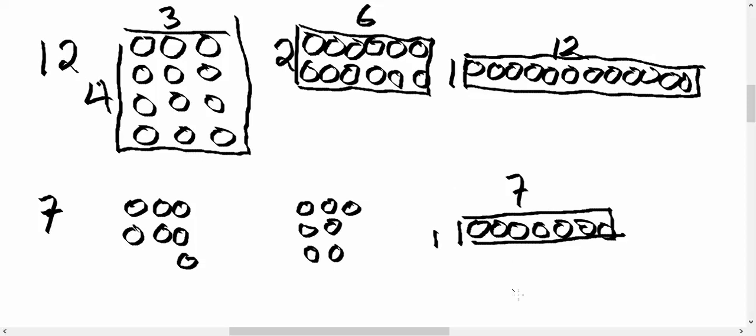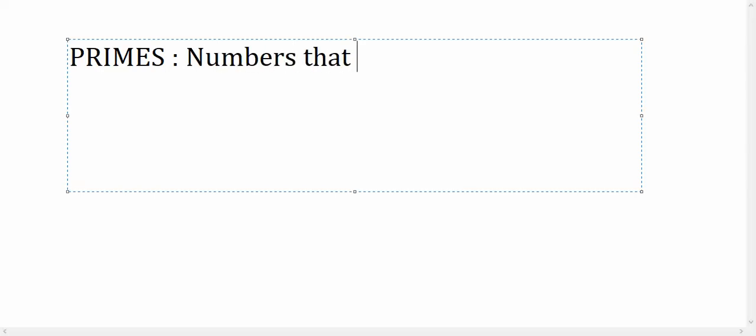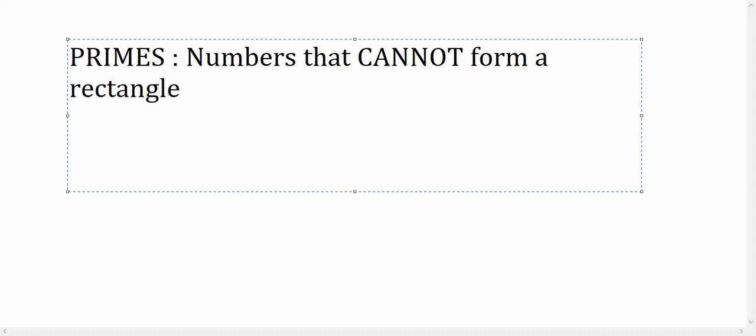All right, so the way the Greeks kind of thought about this, the way the Greeks defined what primes were, is a definition that I like a lot, because it helps me out. So the Greeks defined primes as numbers that cannot form a rectangle in the way that we've seen just a moment ago.